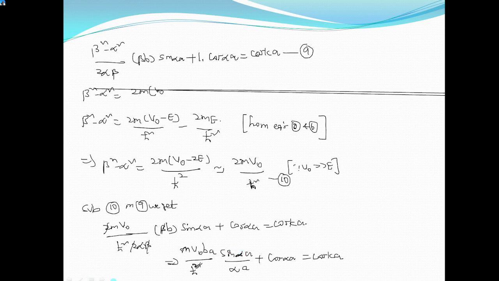Now, so what I got? m V naught b a by h cross square, sin alpha a by alpha a plus cos alpha a, which is equal to cos Ka.